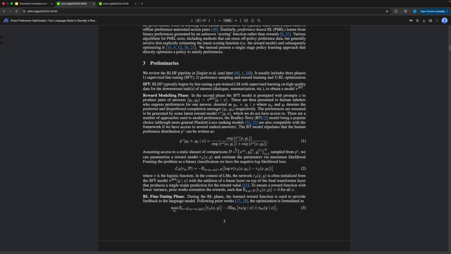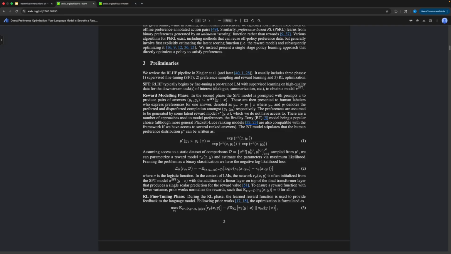So if we want to train a reward model based on datasets of inputs and a comparison of the preferred completions and the less preferred completions, we would want to maximize the log probability of the correct completions, or minimize the negative log probability of the correct completions.